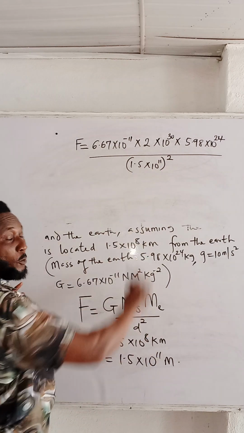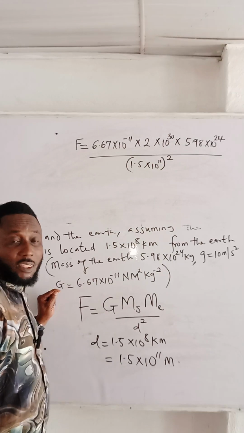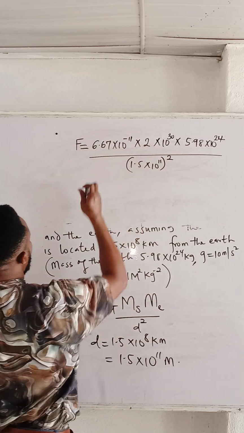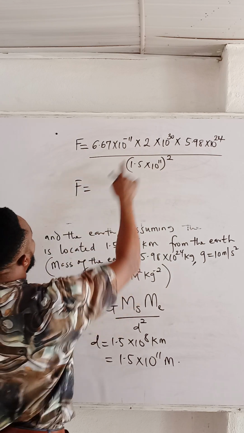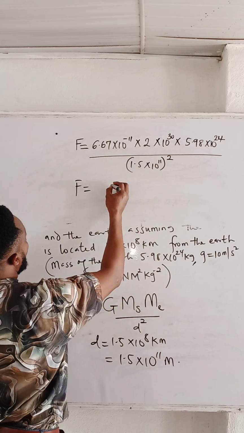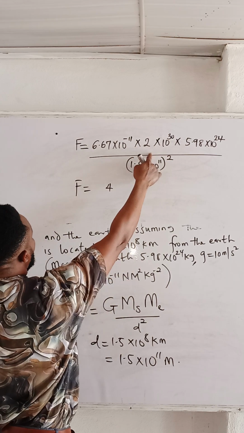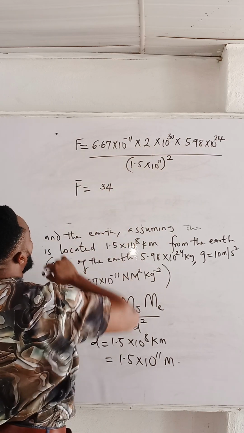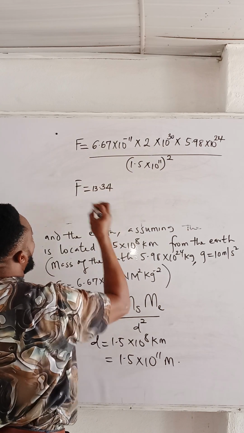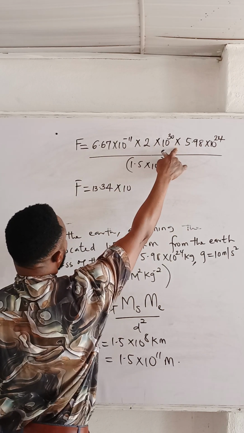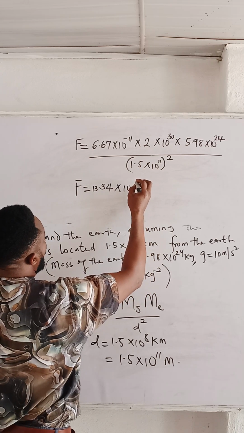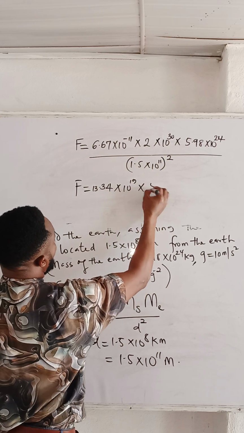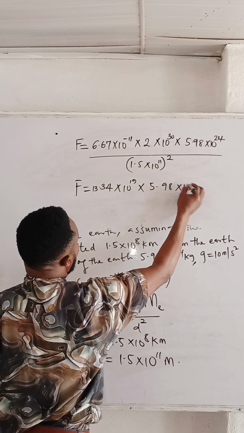The best I can do to let the calculator breathe and not suffocate it, I can actually multiply these first. So that will now be F equal to 2 times 4, 2 times 7, 14, 2 times 6, 12 plus 1, 13, 2 times 6, 12, 13. If I add this to this, that should be 30 minus 11, which is 19, times 5.98 times 10 to the power of 24.